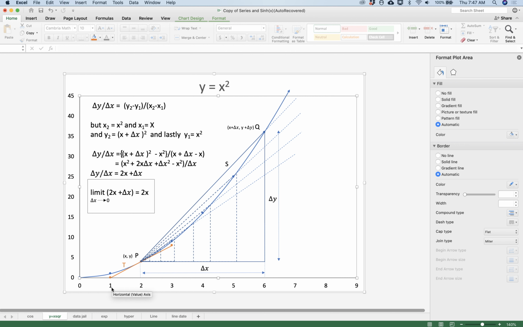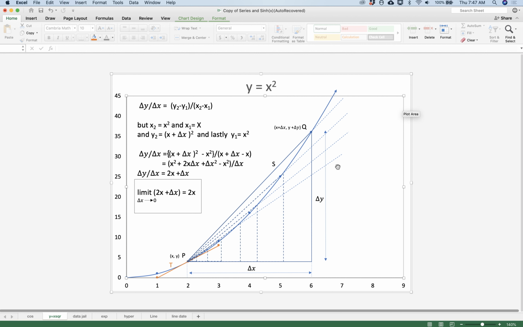In a line, we have predictable change, the rate of change is the same no matter where you are along that line.